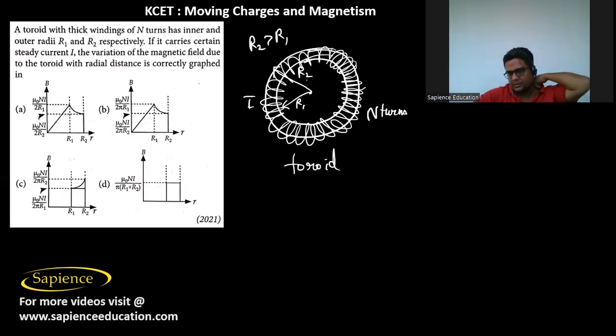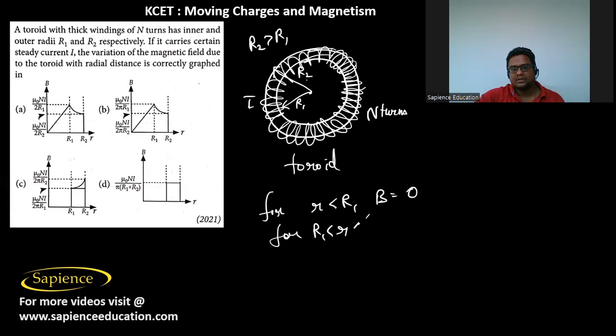Now we know that for R less than R1, the magnetic field will be 0, and for R greater than R1 but less than R2, the magnetic field will be mu naught n i, where n is the number of turns per unit length.